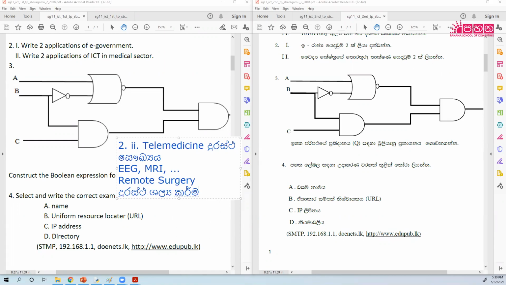Use of ICT in diagnosis. Achira, good. Use of ICT in diagnosis.